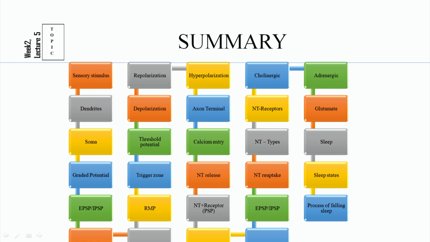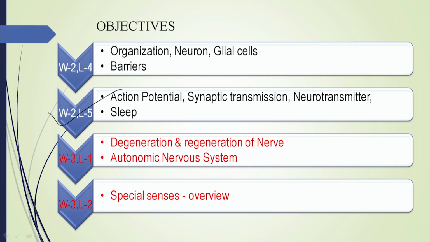Then the other types of receptors such as cholinergic, adrenergic and glutamate receptors. Then what is sleep and what are the different states of sleep. Then what is the process of falling asleep, and in which different animals the different sleep states are there. So in this we completed the second objective, and I will see you in the next class.